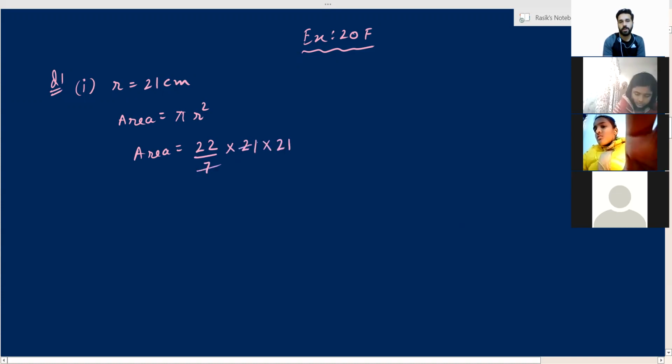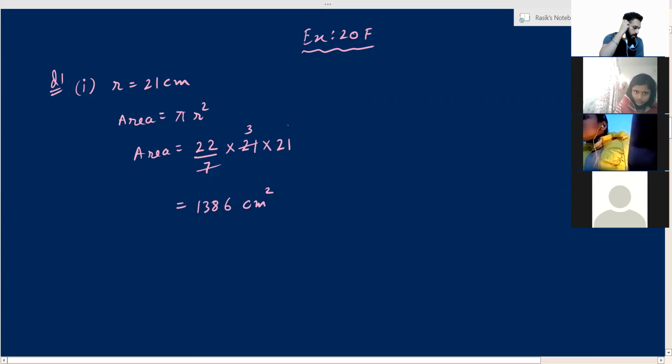Now simplify. What is the product? 63 into 22. 22 into 3 is 66, and 132 plus 6, 138. Is it 1386 centimeters square? Please check it. I have done it orally.